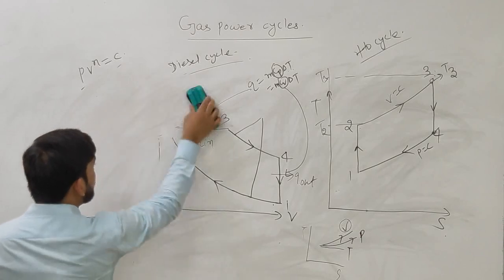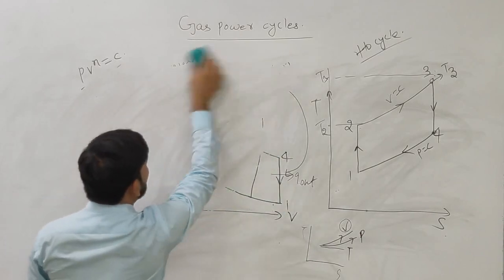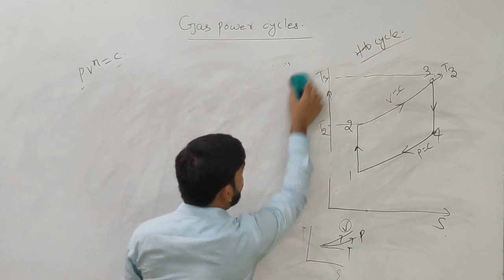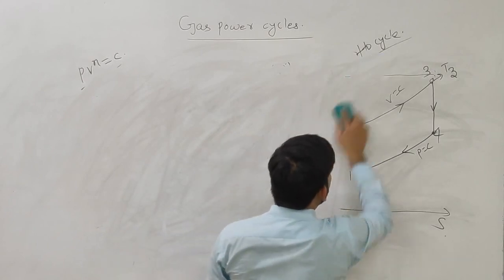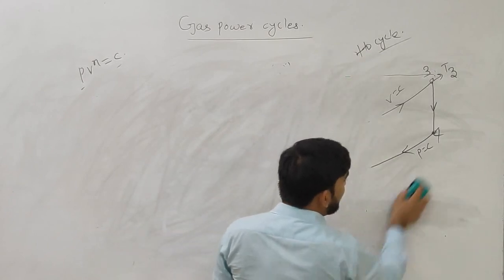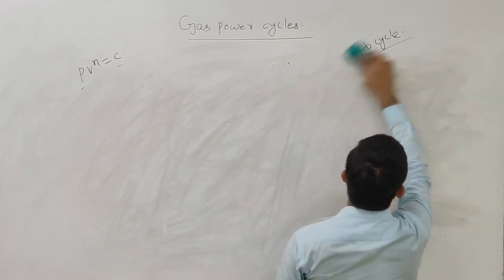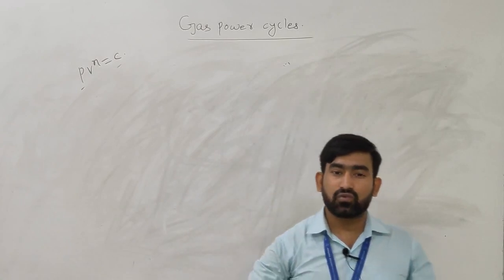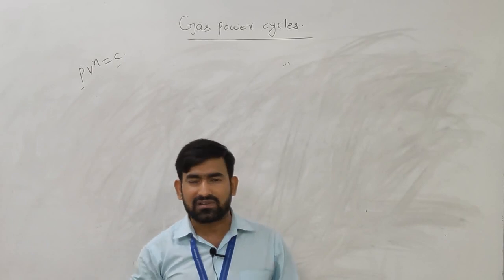And now let me draw your attention towards the dual cycle. How can we draw the diagram for the dual cycle? In case of the dual cycle, we will have to remember what processes are involved. As we have seen, in the Otto cycle we have 4 processes, 2 reversible adiabatic and 2 constant volume. In case of the diesel cycle, 4 processes, 2 reversible adiabatic, 1 constant volume, 1 constant pressure, all reversible.